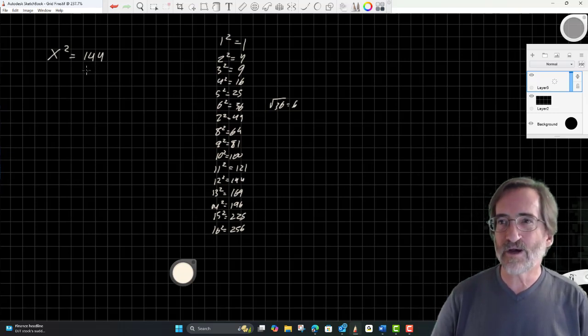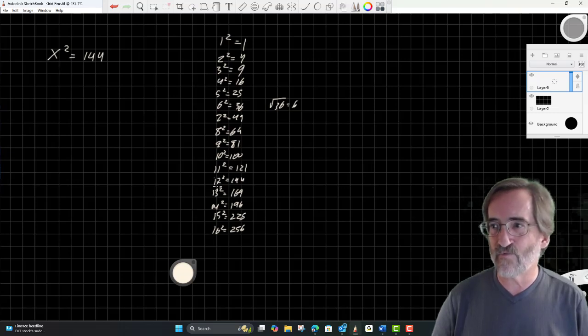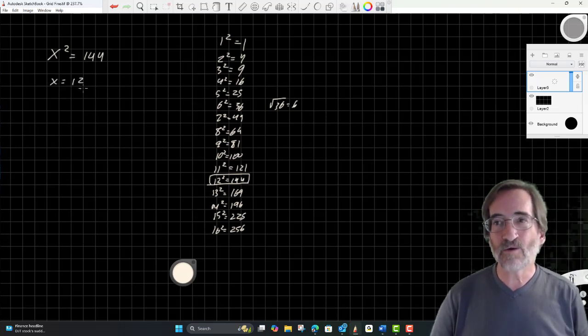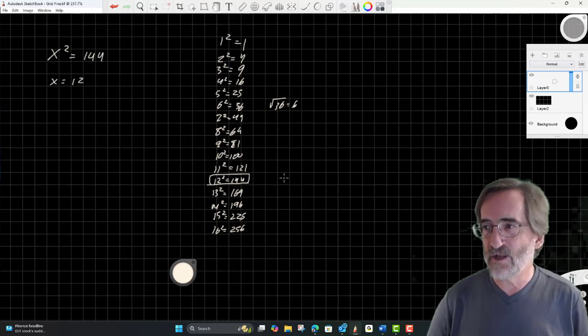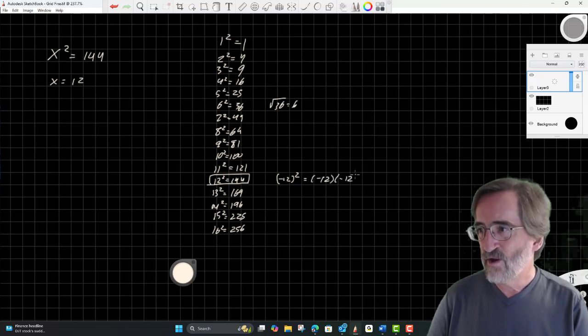So we can recognize from inspection that the solution to x squared being 144 is x equals 12. However, 12 is not the only possible solution. If I take negative 12 and square it, that's negative 12 times negative 12, which is positive 144.